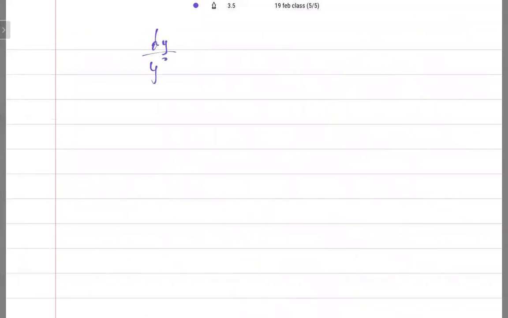And finally, if I have an equation like that, I add the integral sign, and I have y to the power minus 2 is c to the power x minus 1.